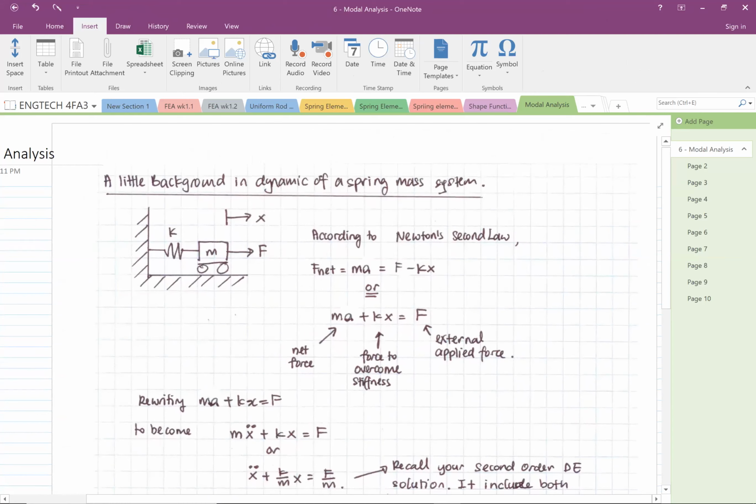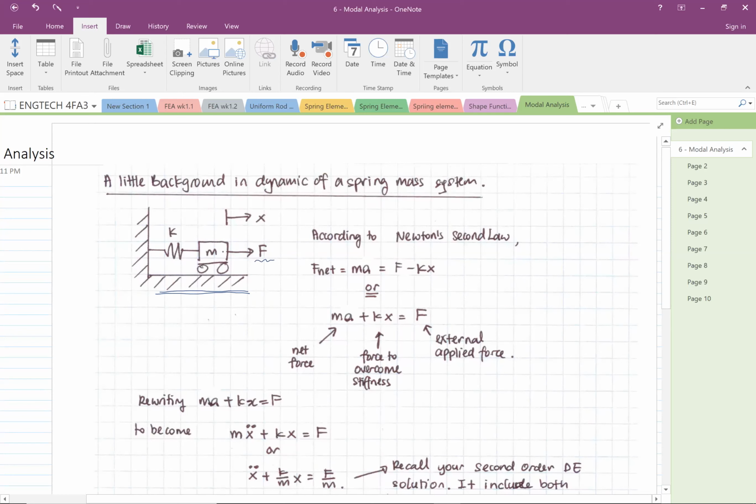Okay, first of all, before we go deep into the modal analysis, I want to give you a little background on the dynamics of a spring mass system. Right here, in the first figure, just imagine you pull the mass to the right with a force, and all of a sudden you let go of that force.